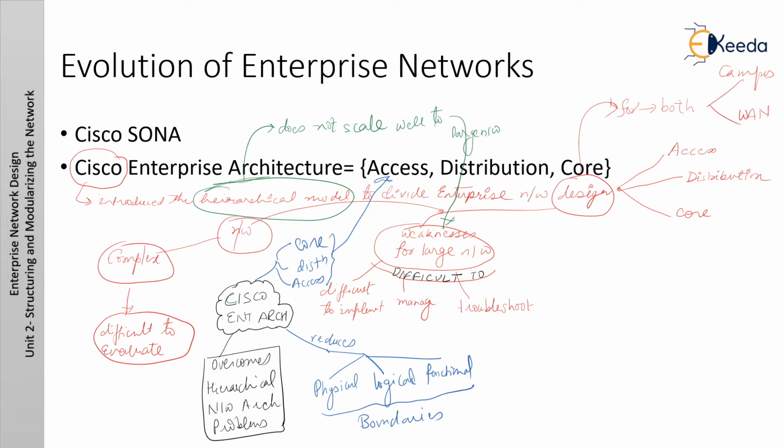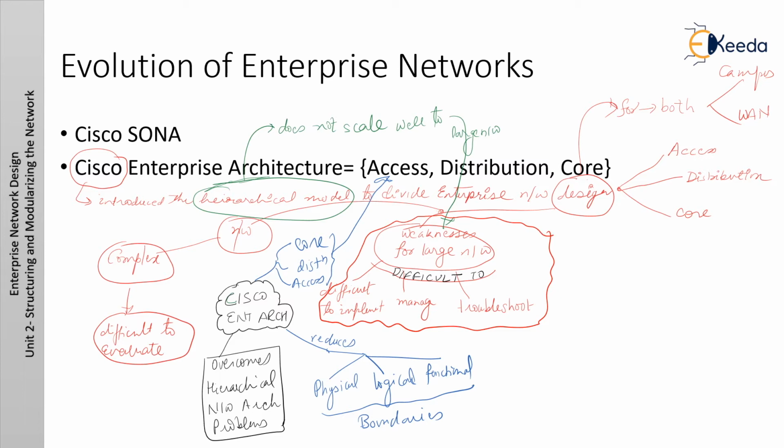The network became complex and it was difficult to evaluate network solutions end to end through the network. The hierarchical model does not scale well to these large networks. So here you can see in this mind map what portion we are talking about. Okay.